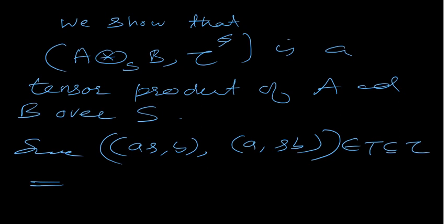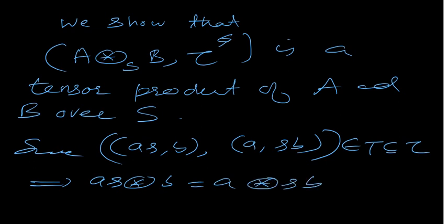Which means that their tau classes are equal. That is, as tensor b is equal to a tensor sb. This is true for all a belongs to A, b belongs to B, and s belongs to S. They are equal actually.